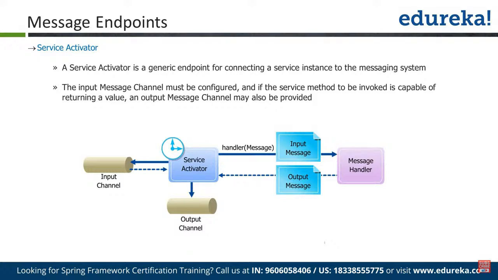So you execute one function which converts these messages into uppercase. Then you take that input message, convert it, and send the output message back to the service activator, and the service activator will send that message on through the output channel. So this is one of the endpoints, the service activator, which is transforming your messages with the help of a message handler.